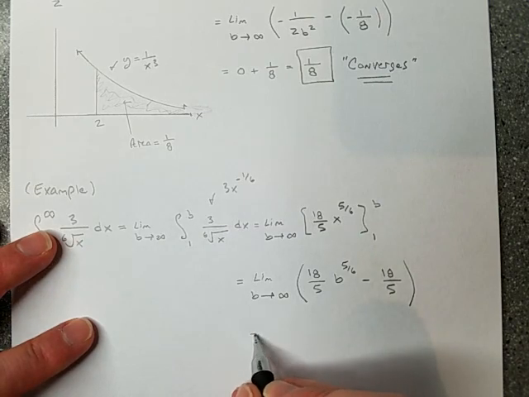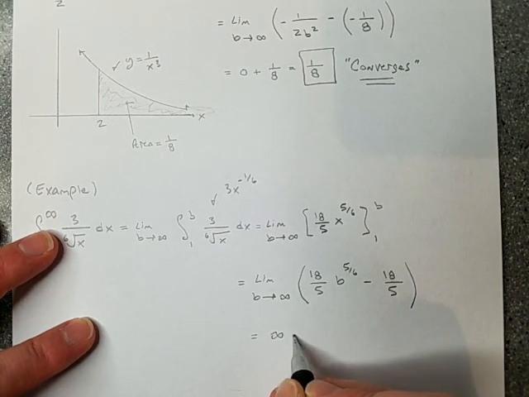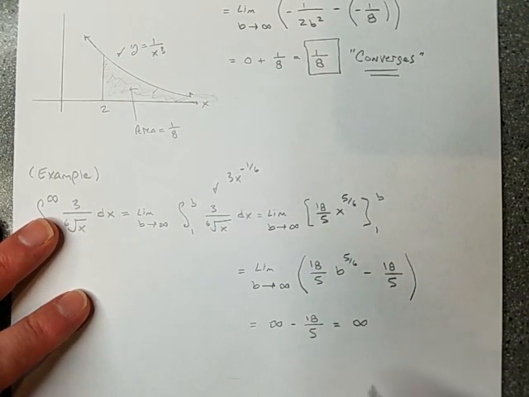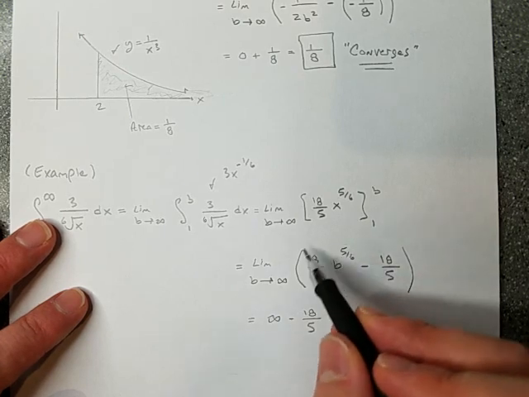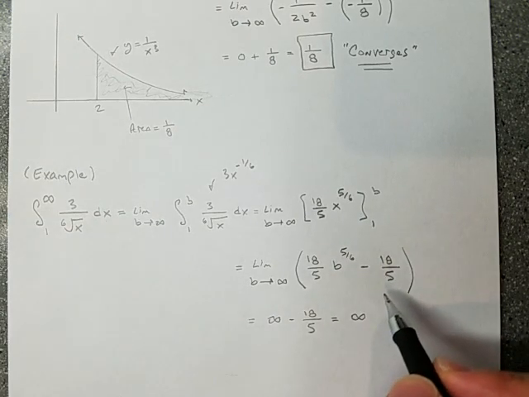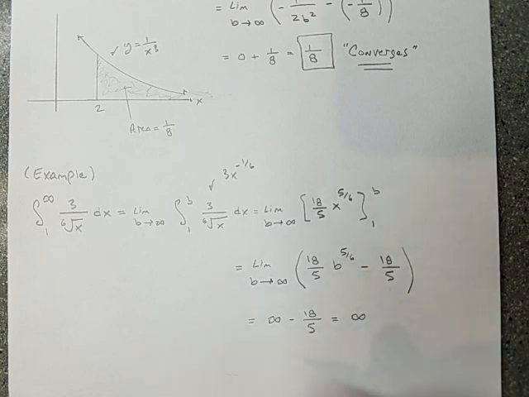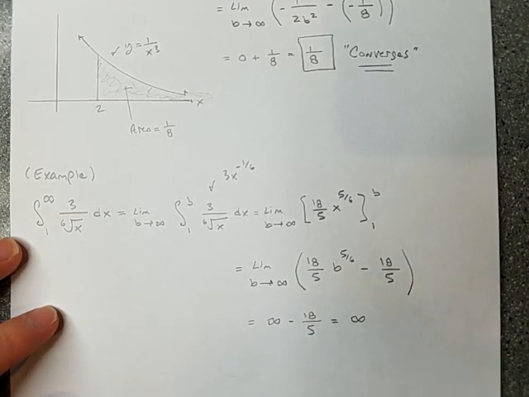So I'm going to get infinity minus 18/5. Well, that's just infinity, right? This number is getting larger and larger, so we just subtract 18/5. You know, at some point you're going to take 10 trillion minus 18/5. That whole thing is headed to infinity.